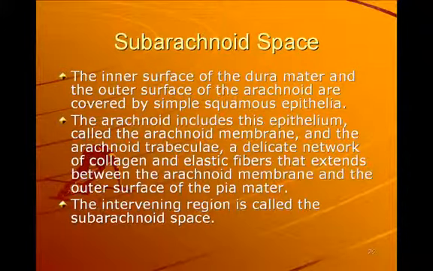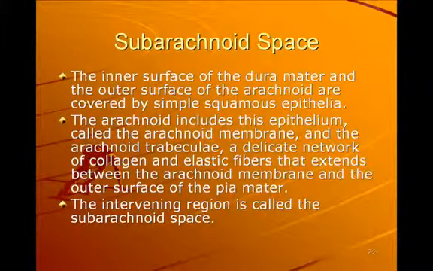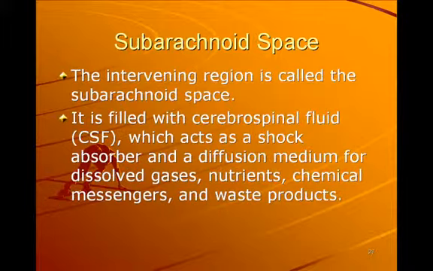Now remember, we're talking about the subarachnoid space, which means it has to be below the arachnoid layer, which is the middle layer, and the next layer, closest to the spinal cord itself, would be the pia mater. So the space is between the arachnoid mater and the pia mater. The intervening region referred to as the subarachnoid space.